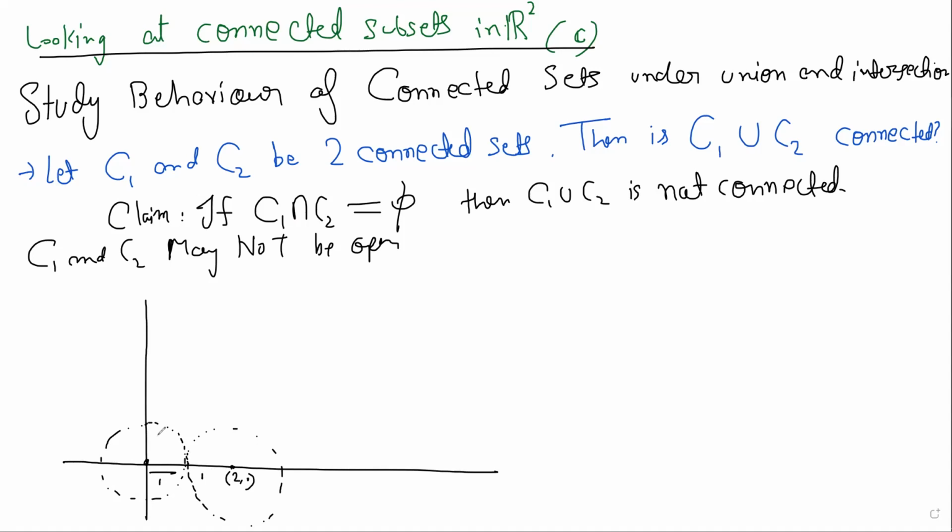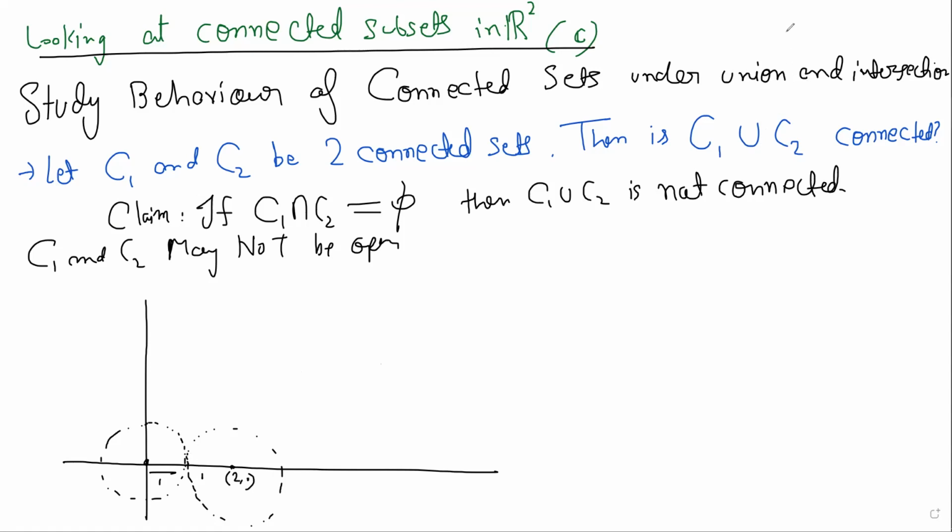We're not taking the boundary, the points where the radius is 1. Then you see these two are open balls, so they're open and they're disjoint. And so C1 union C2 in that case is a union of two open disjoint things, so it's not connected.